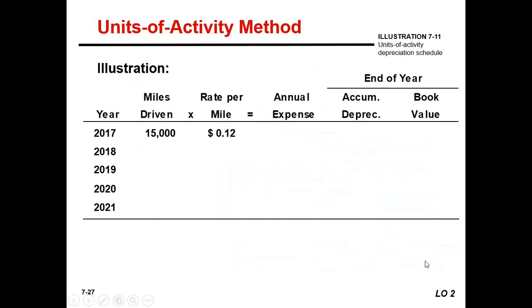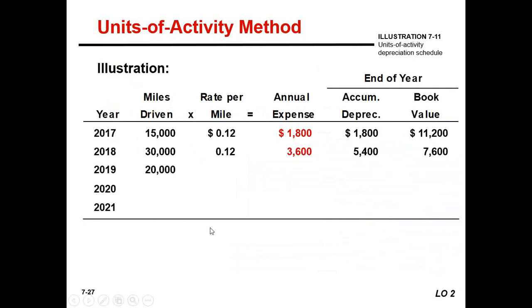We need miles driven, the rate per mile, the annual expense, and these two columns are the same, our accumulated depreciation and our book value. So you can see how this varies each year based on actual activity. When we drive more, the depreciation is higher. When you drive less, it is lower.